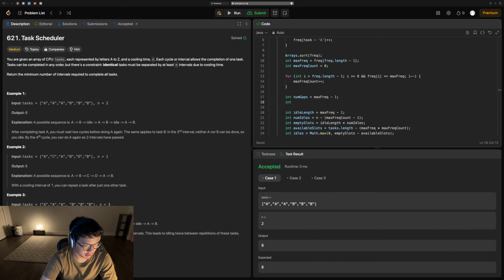So we do that by taking n. That's the number of gaps. So you have the number of gaps. Now you need to find the length of each gap, right?